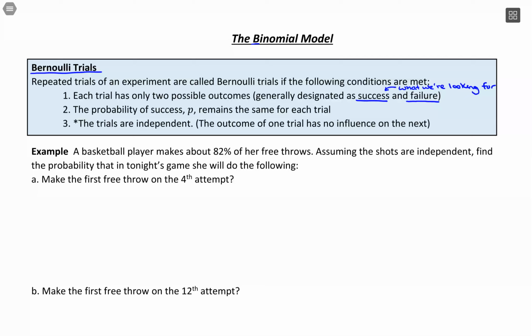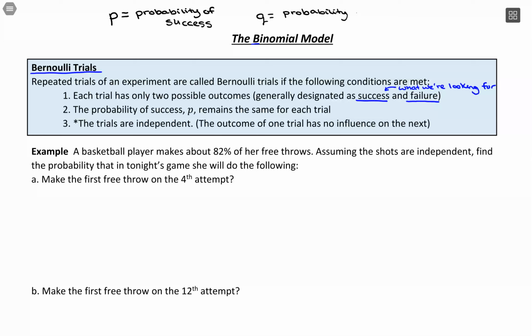With that, we're going to have some notation. Lowercase p is going to represent the probability of success. And with that, we'll also have lowercase q, which will represent the probability of failure.